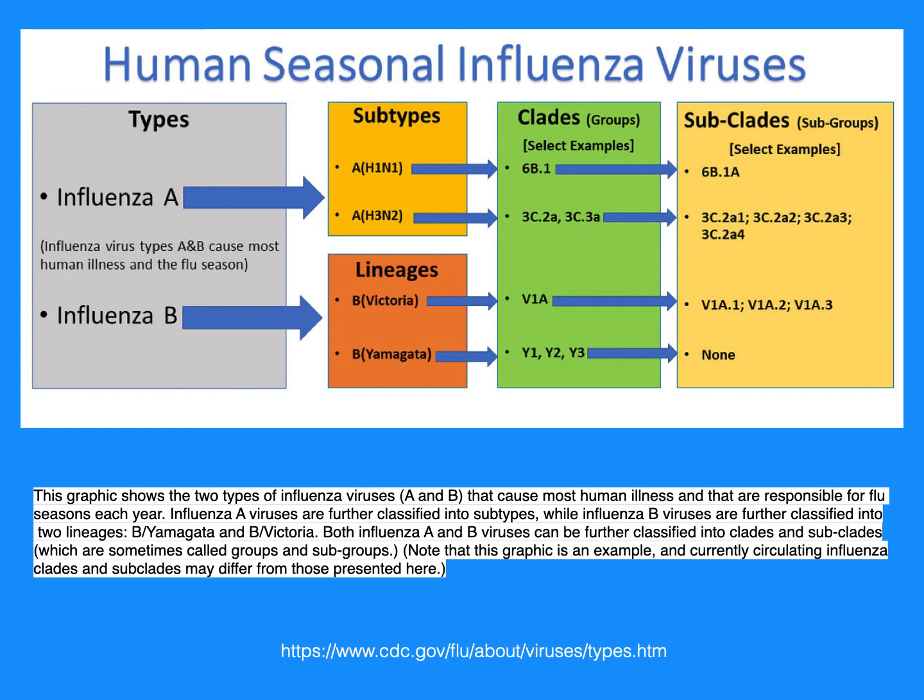Both influenza A and B viruses can be further classified into clades and subclades, which are sometimes called groups and subgroups. Note that this graphic is an example, and currently circulating influenza clades and subclades may differ from those presented here.